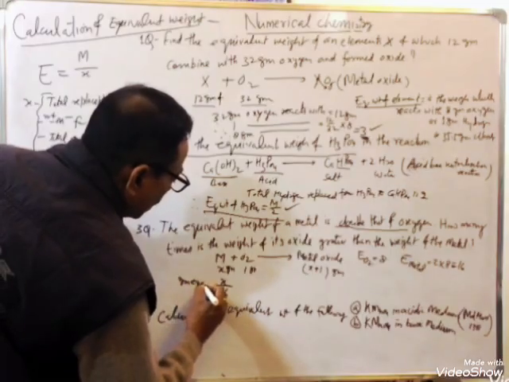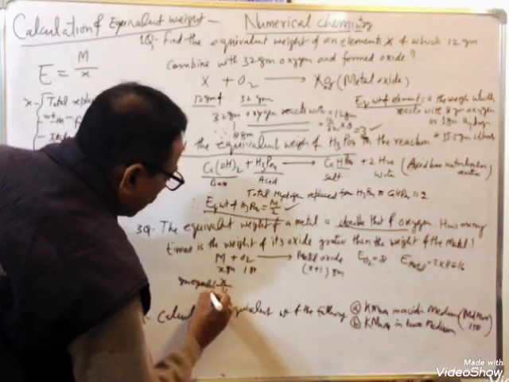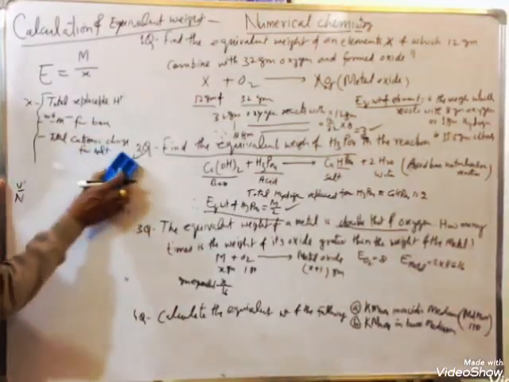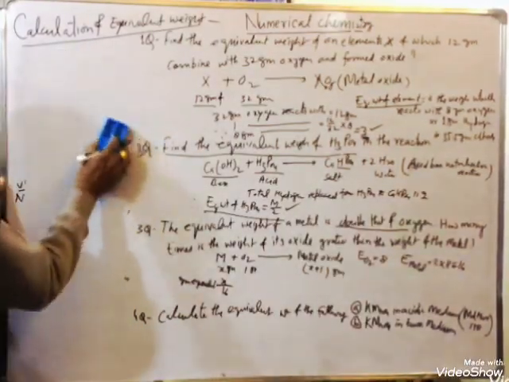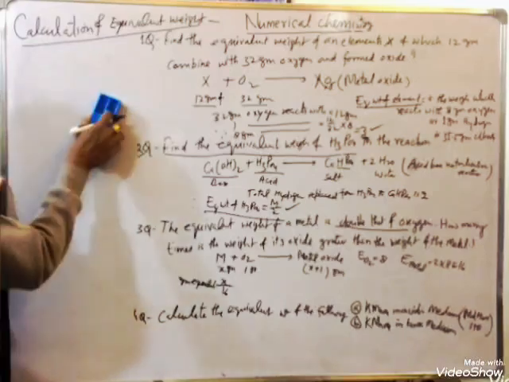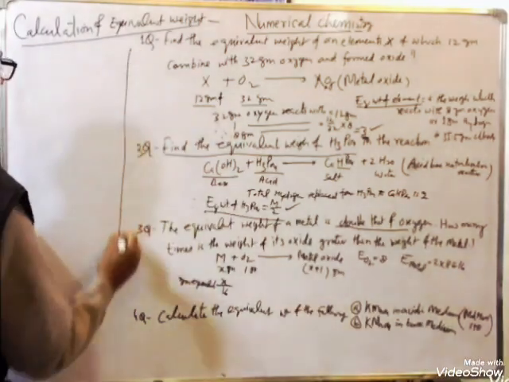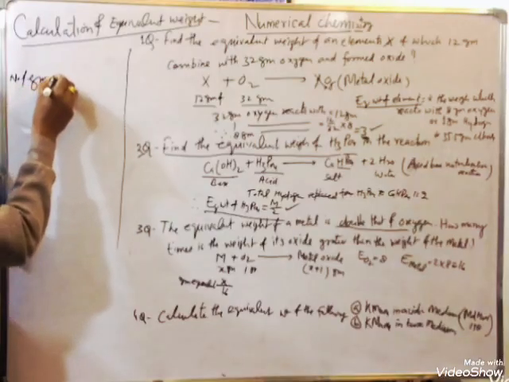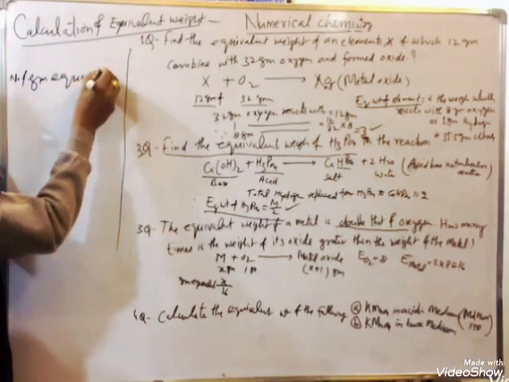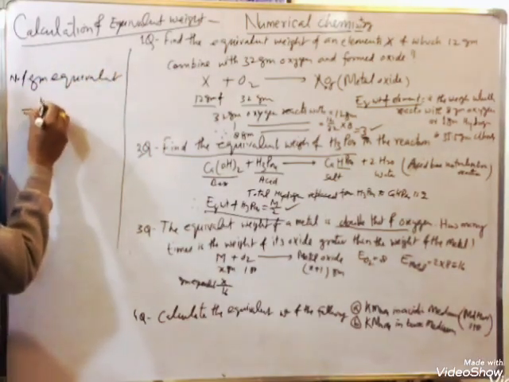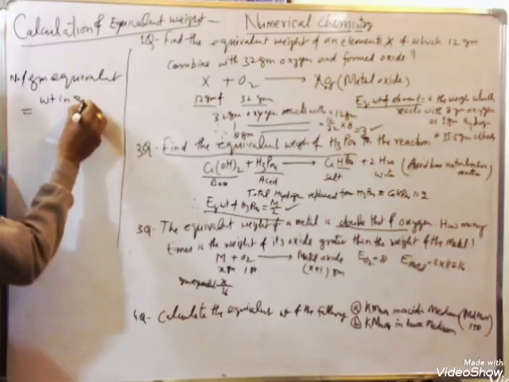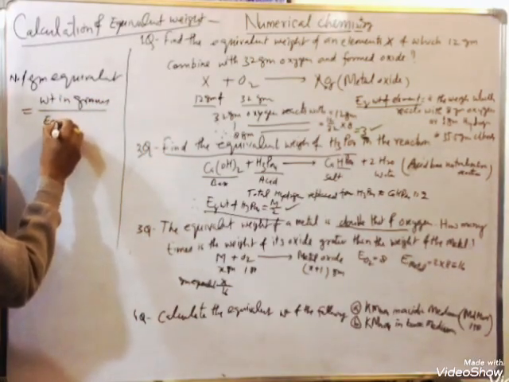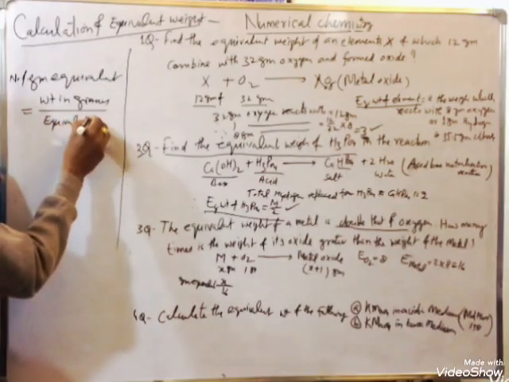Gram equivalent is the weight divided by the equivalent weight. I have earlier told you, the number of gram equivalents is equal to the weight in grams divided by the equivalent weight.